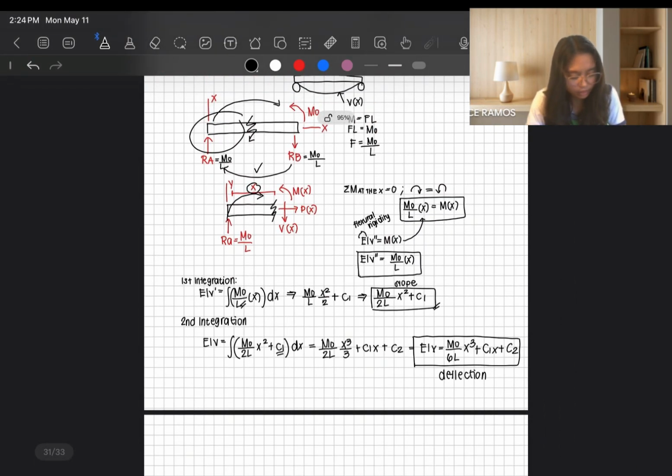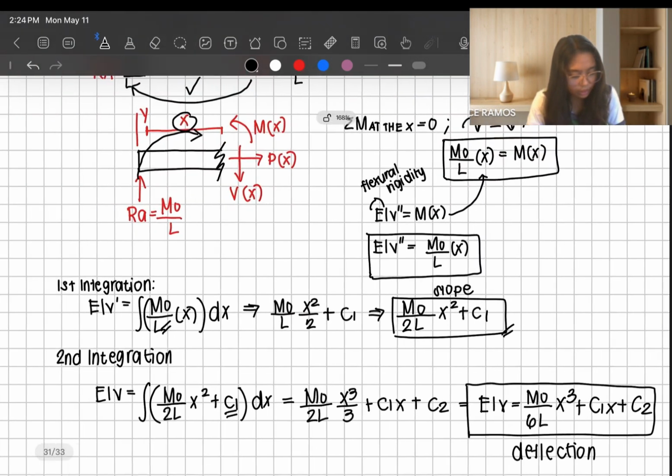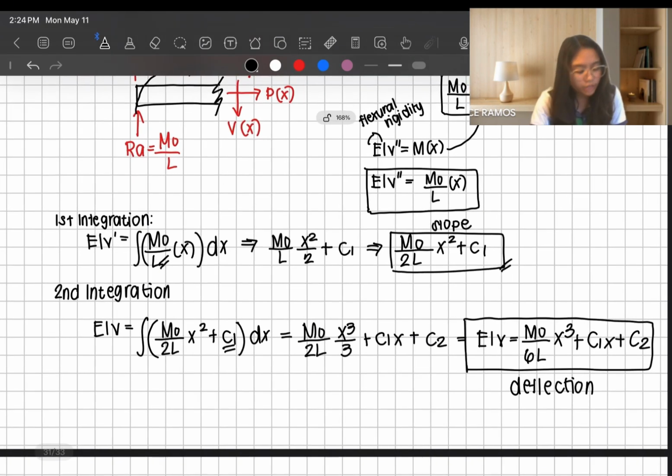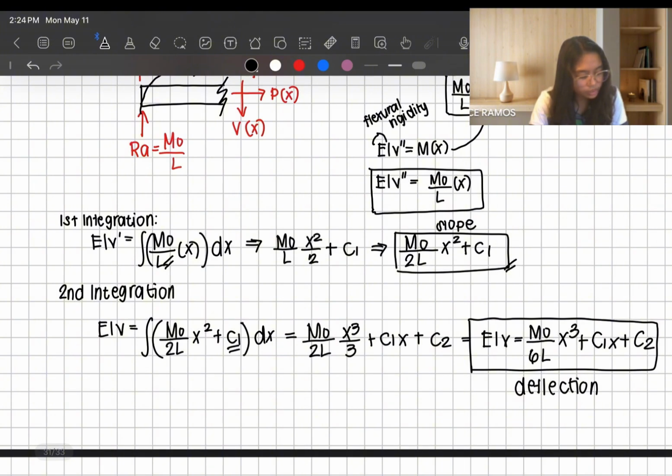So kung mapapansin natin, after ng process natin ng double integration, meron tayong dalawang unknown constant. So alin po dyan yung unknown natin? Ito pong c sub 1 at saka po itong c sub 2. So ano pong gagawin natin para mahanap po yung value ng mga yon?